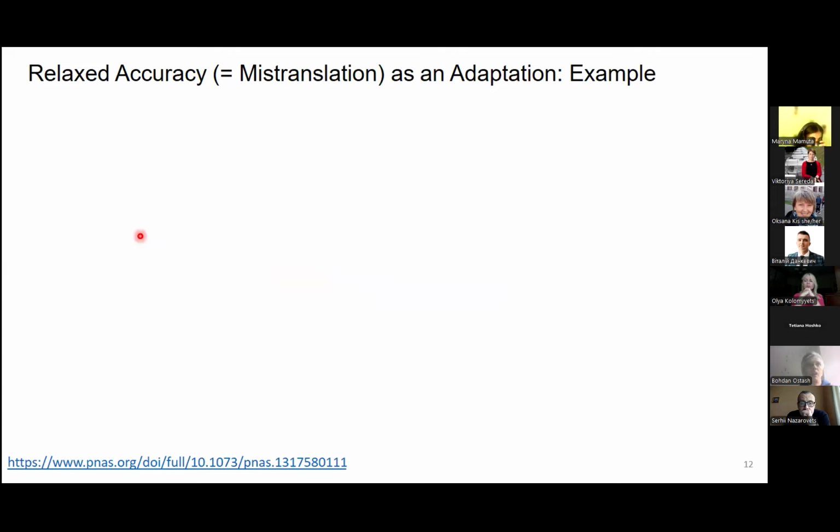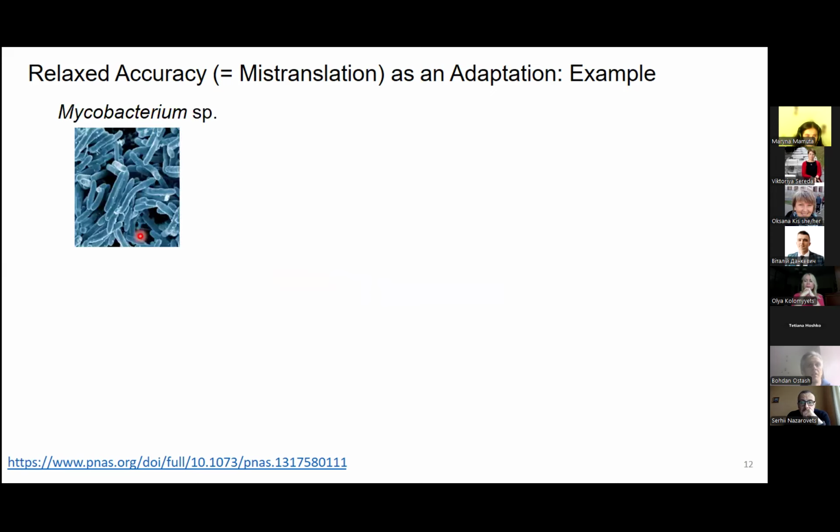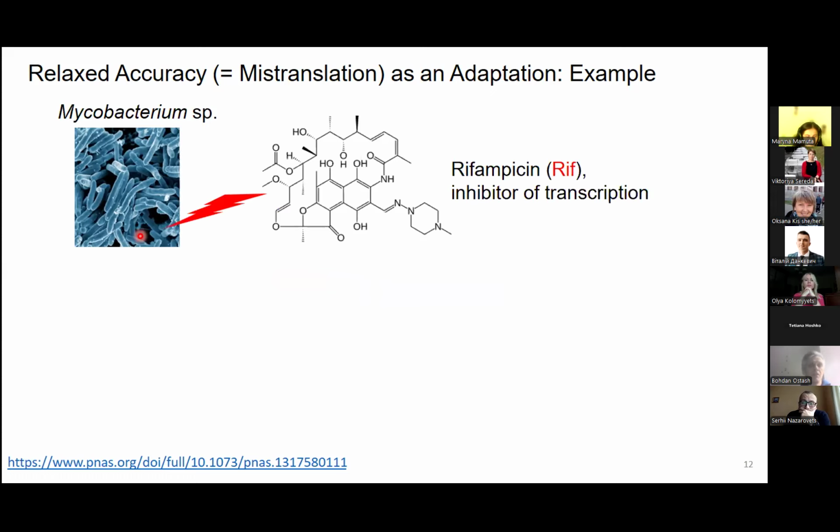On one hand, it could be beneficial for certain situations. Let's say we have Mycobacterium. These are bacteria causing tuberculosis and many other devastating diseases, but tuberculosis is the premier case. Currently we treat Mycobacterium with rifampicin. This is an antibiotic that inhibits transcription.